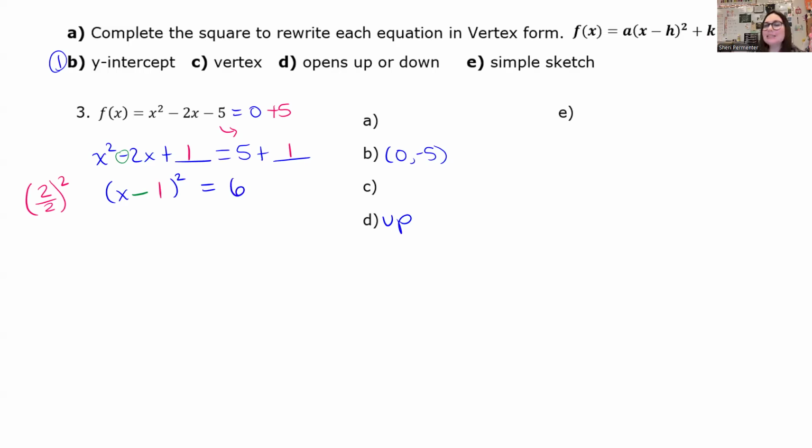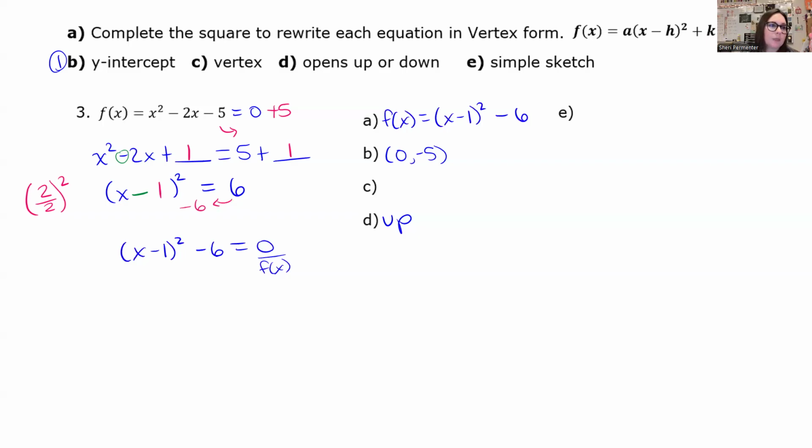All right, I need it to be equal to 0 because that is my equation. So I'm going to bring over the 6. I'm going to subtract 6. So I get (x minus 1) squared minus 6 equals 0. That's the same thing as f of x. So I'm ready to write my equation. (x minus 1) squared minus 6.